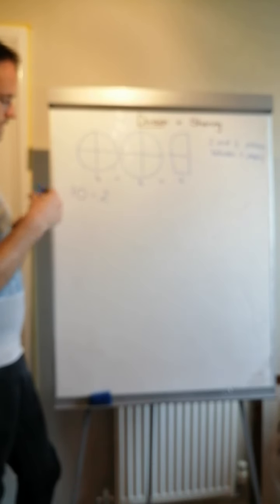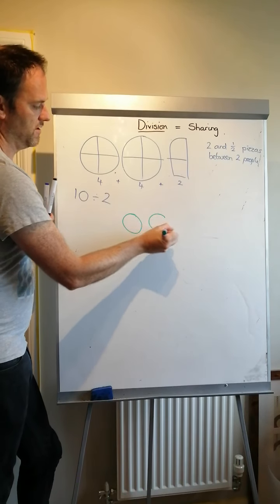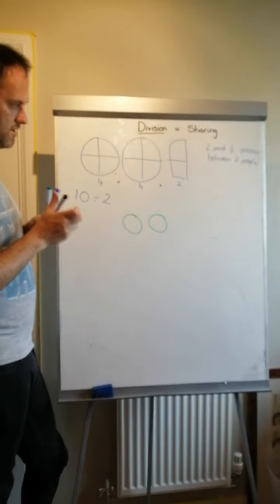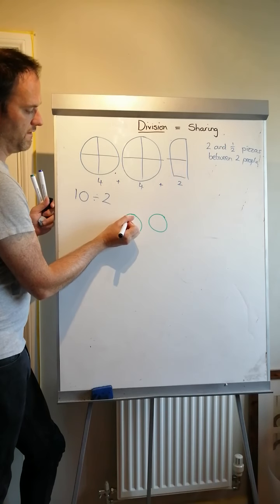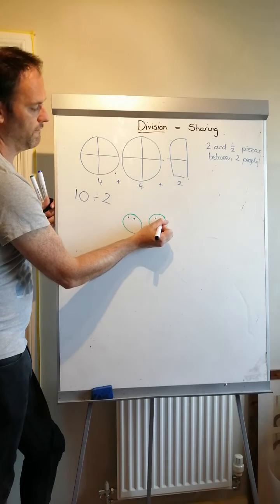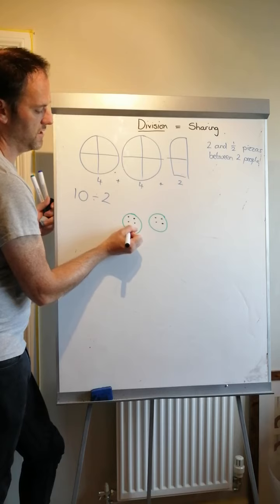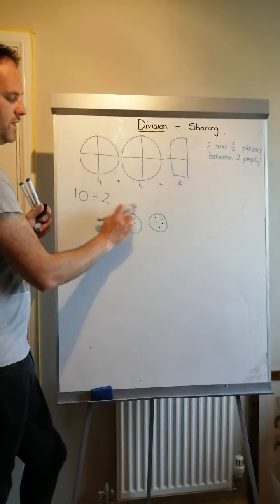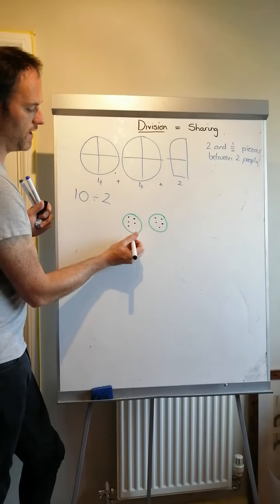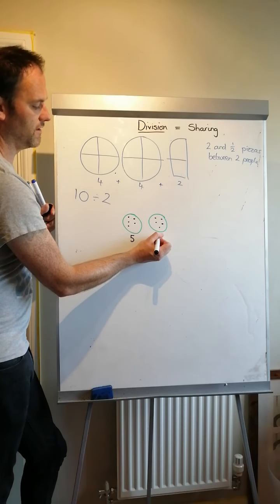So where's our 2 groups? 1, 2. Let's count. 1, 2, 3, 4, 5, 6, 7, 8, 9, 10. Right, how many is in this group? 1, 2, 3, 4, 5. Let's just double check we've got the same in this one. 1, 2, 3, 4, 5.